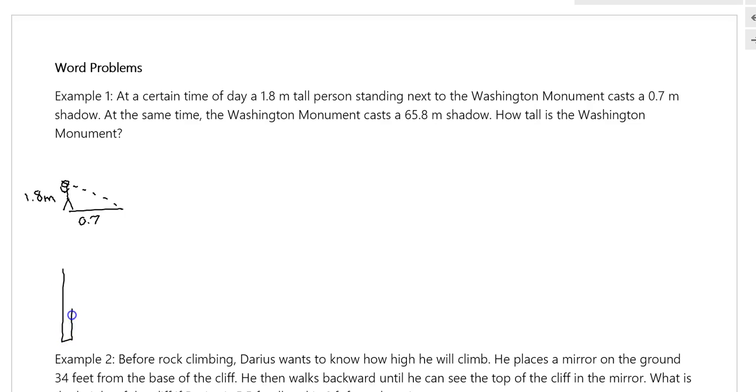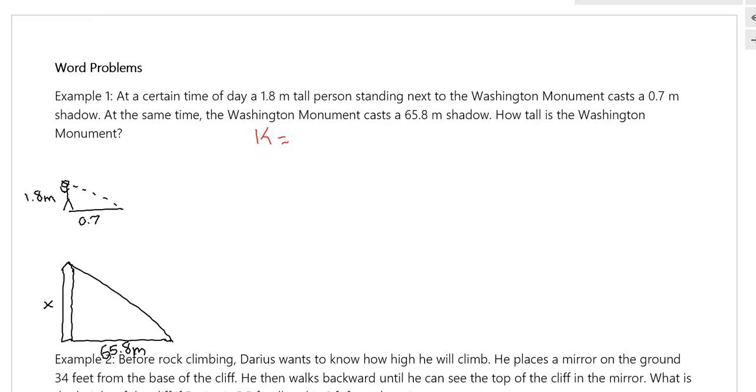Then we have our Washington Monument. It also gets a shadow. Its shadow is 65.8 meters. And we want to know how tall this is. So again, K, same type of thing.